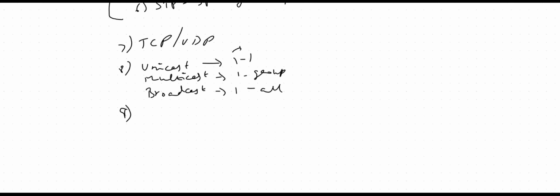Then we go with the routing protocols. Here we have routing: what is routing, and we mention the difference between routing protocols. Routing is a process to route the networks.